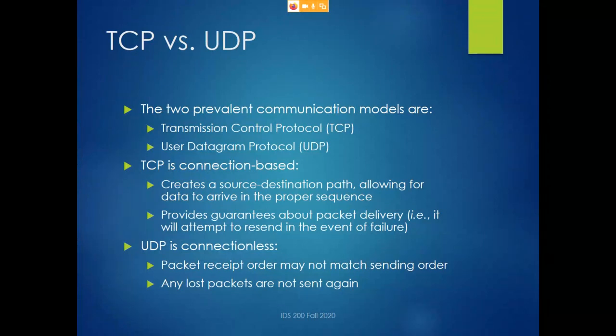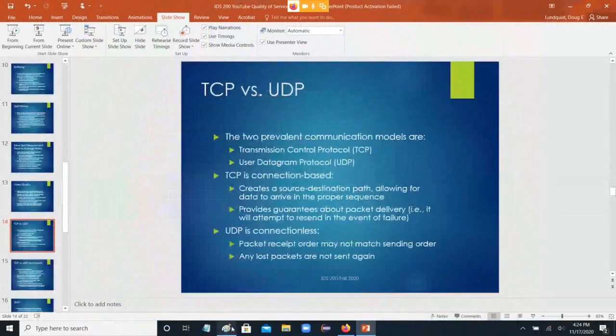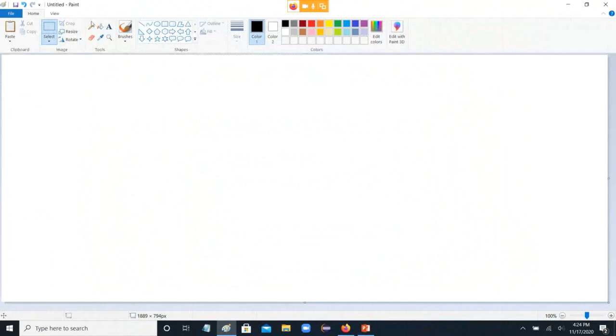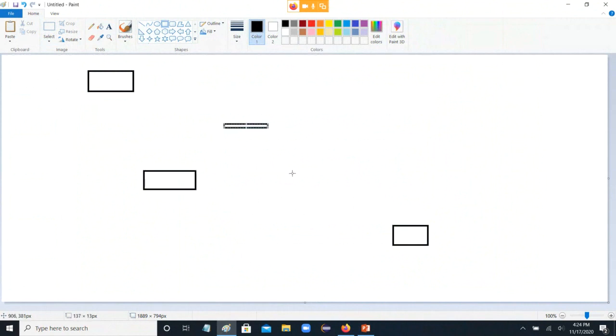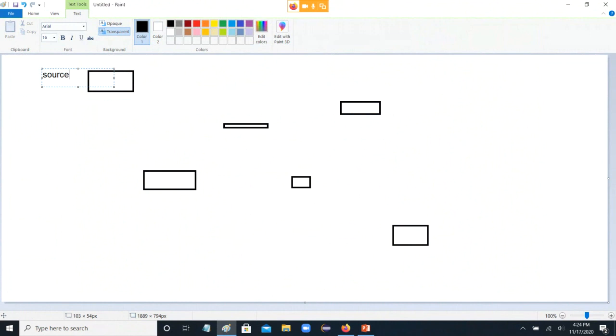Now, TCP is connection-based. What that means, all right, I'm going to draw a little network map. And a few devices in the middle, whatever. So this is going to be the source. This is going to be the destination.